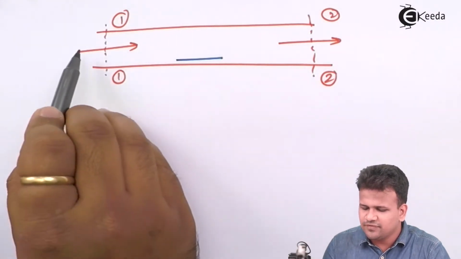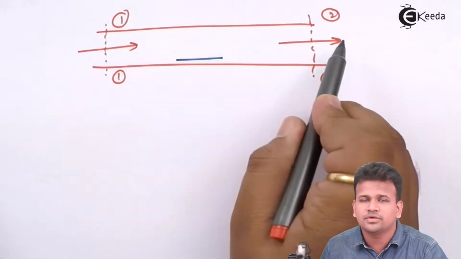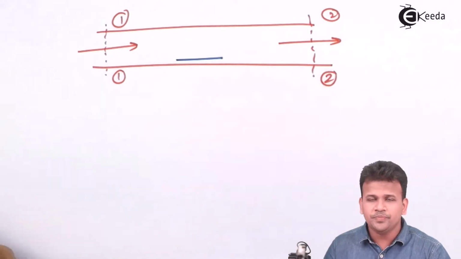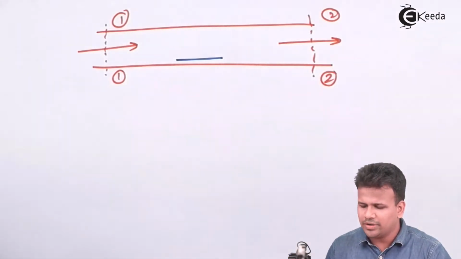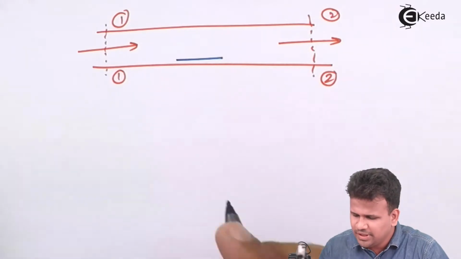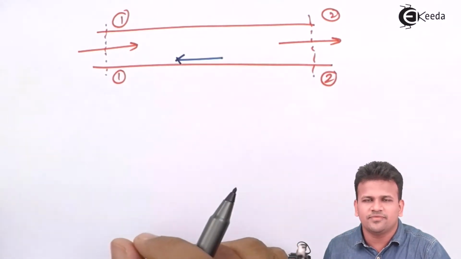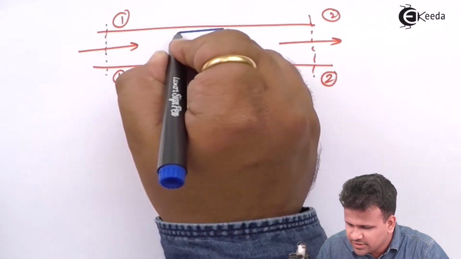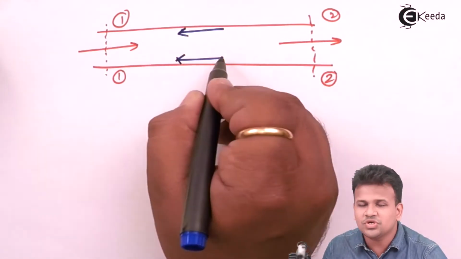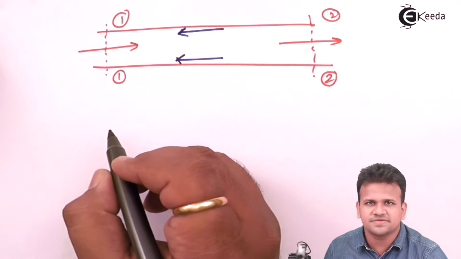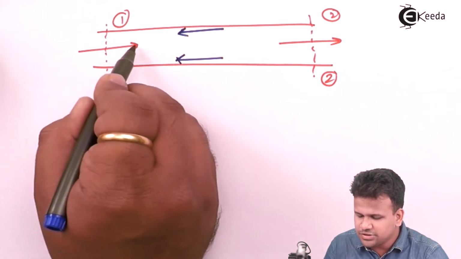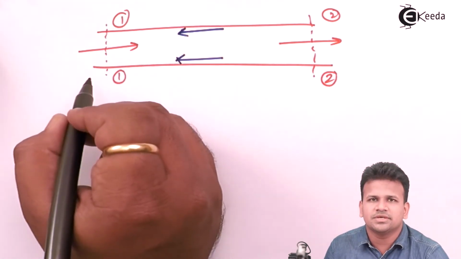During this flow, the fluid wants to flow from 1 to 2. But due to the viscosity of the fluid, it offers some amount of resistance to the flow. The resistance offered is called viscous force, and this force over here is called inertial force.